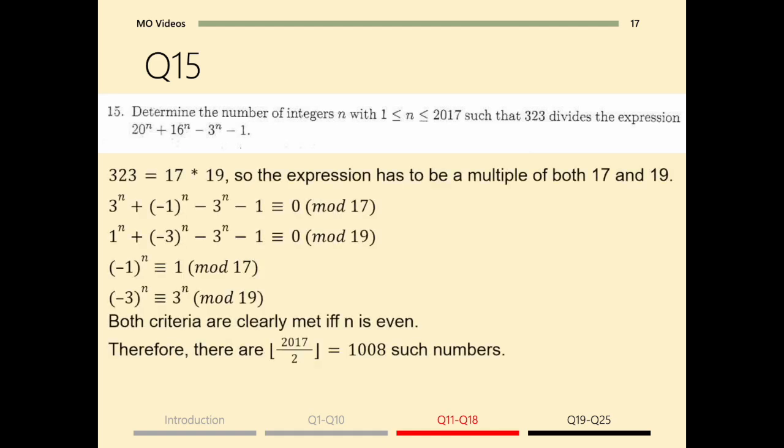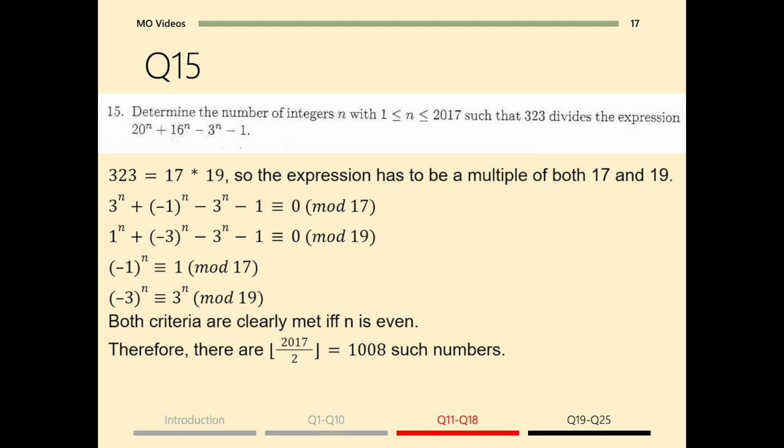We factorize 323 into 17 times 19, so that instead of having to deal with mod 323, we only have to deal with mod 17 and mod 19, which is more manageable. In this case, a bunch of the terms cancel out, and both equations actually end up having the same solution, which is that n is even.